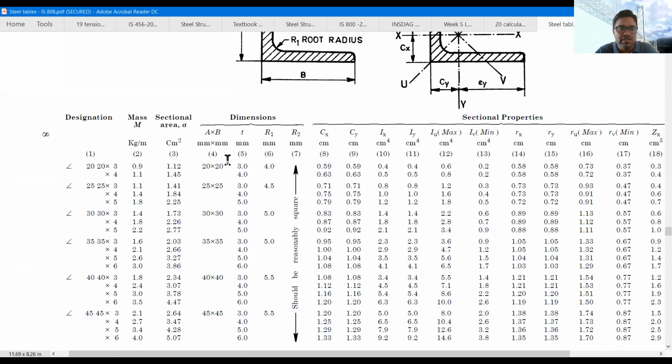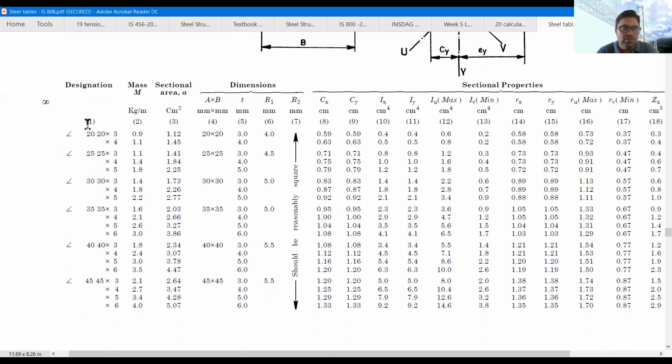In the first column, you can see the designation like 20 by 20 by 3, which means 20 by 20 is the leg length and 3 is the thickness. In the second column, it shows the mass of the angle, and in the third column, it shows the sectional area, which is A. That is our concern.